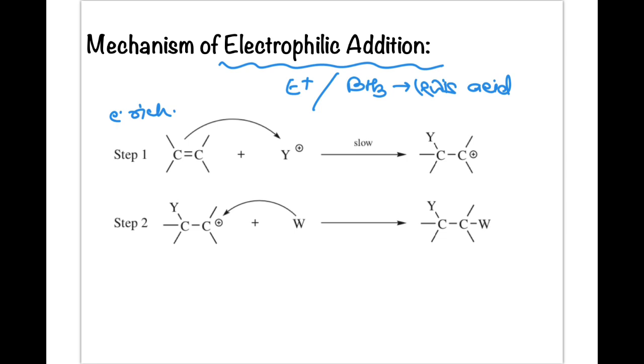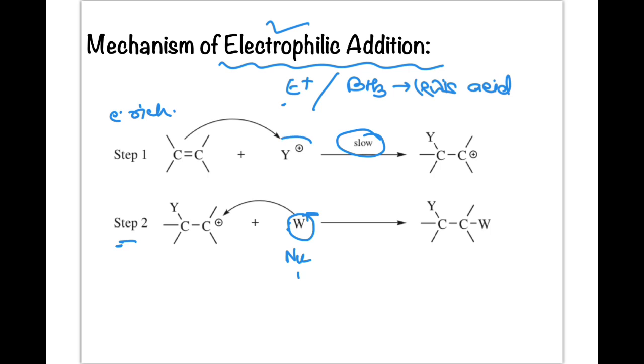And then the electrophile attacks. You are going to first get a slow step because the pi electron density is disrupted and you get a positive charge on any one of these carbons. After that, in the next step, the negative charge, or let's say the lone pair, whichever it is, an electron rich molecule or a nucleophile, is going to attack. So you might ask this question: both the electrophile and the nucleophile are getting added, then why particularly electrophilic addition?